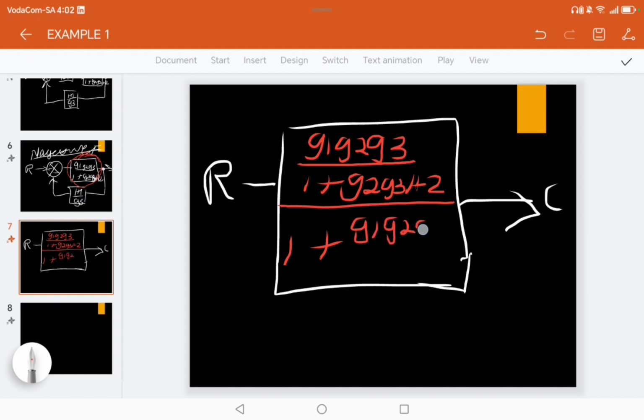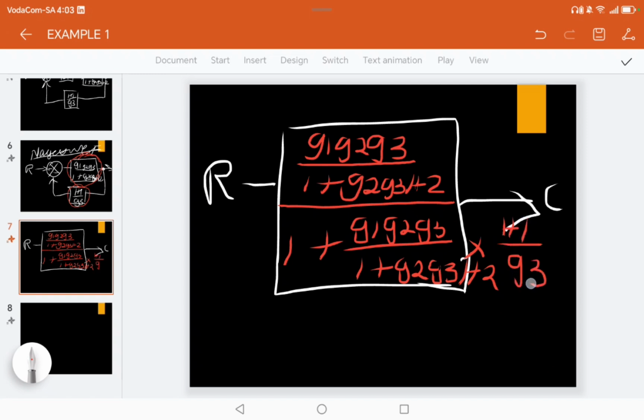G1, G2, G3 divided by 1 plus G2, G3, H2. We're multiplying it by the feedback, which is H1 over G3.